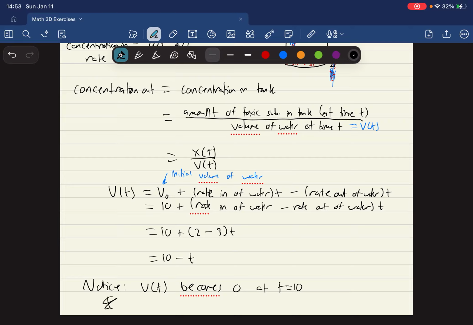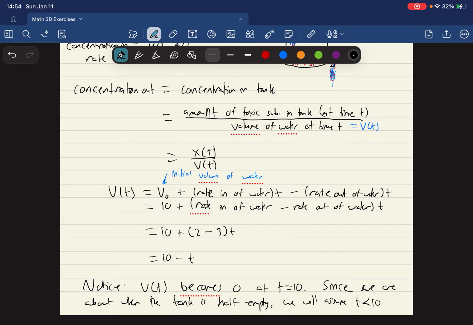So because we care about the time at which the tank becomes half empty, and we know that time occurs before the time at which the tank becomes fully empty, we will assume, since we care about when the tank is half empty, that t is less than 10.